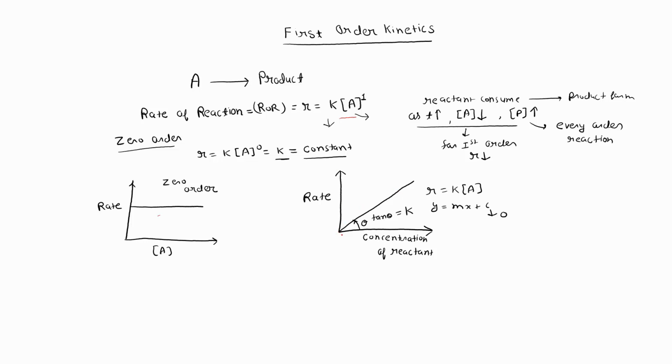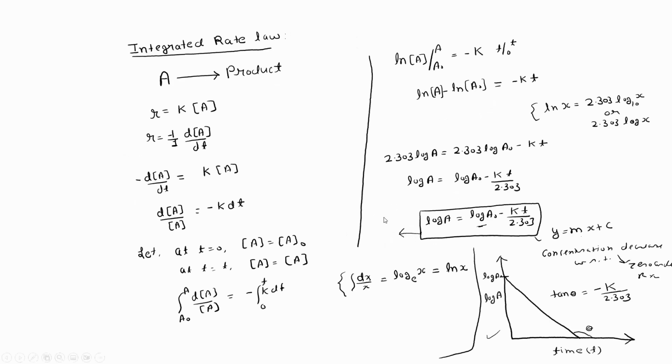So the rate versus concentration graph is a straight line passing through the origin, and slope of that line will give you the rate constant, that is K. Then we have solved the integrated rate law for first order kinetics.